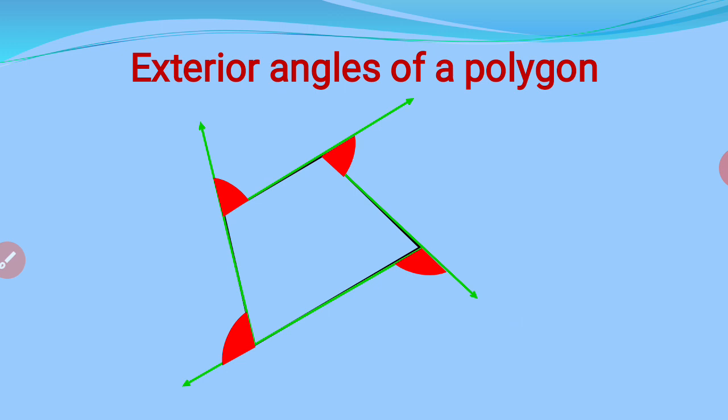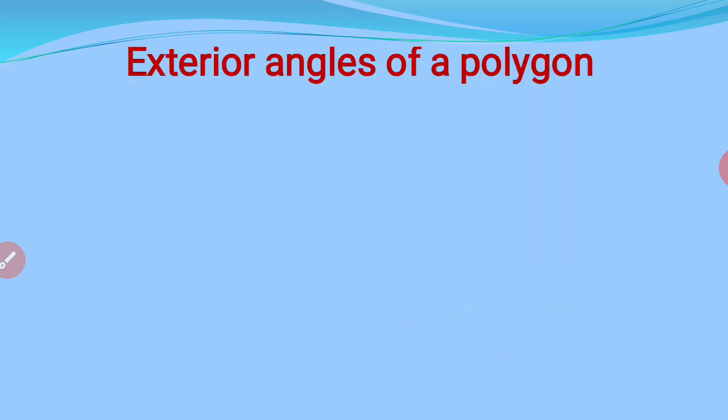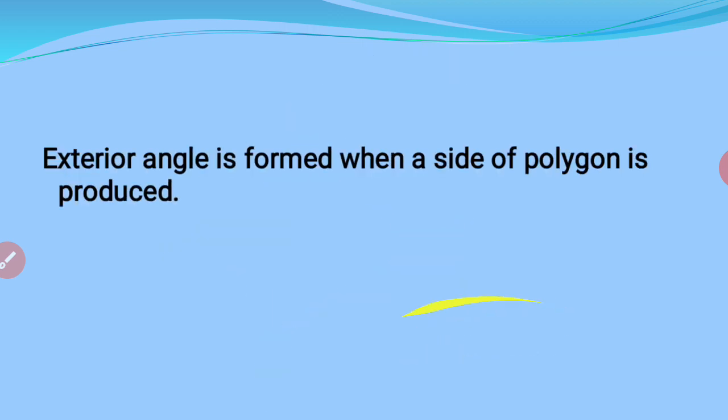Whatever the number of interior angles, the number of exterior angles will be the same. Now we are finding out the total sum of all the exterior angles. So these are the angles, total angles.